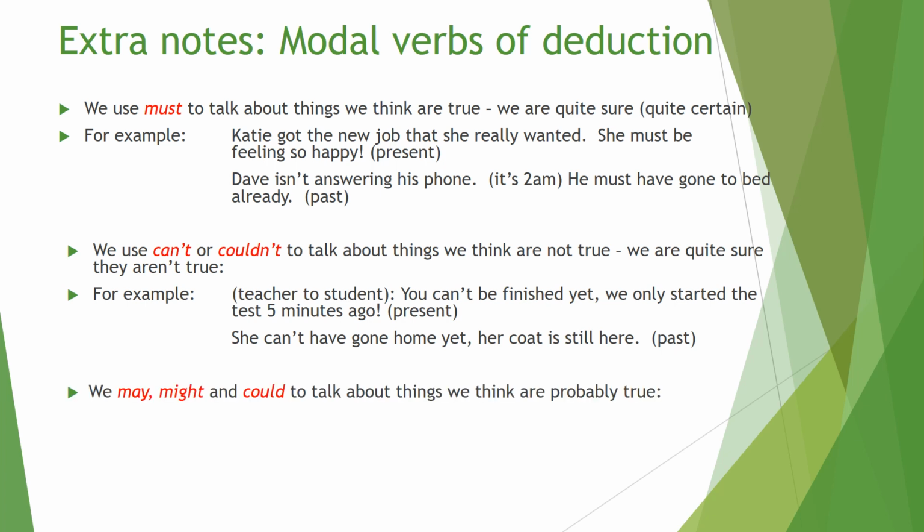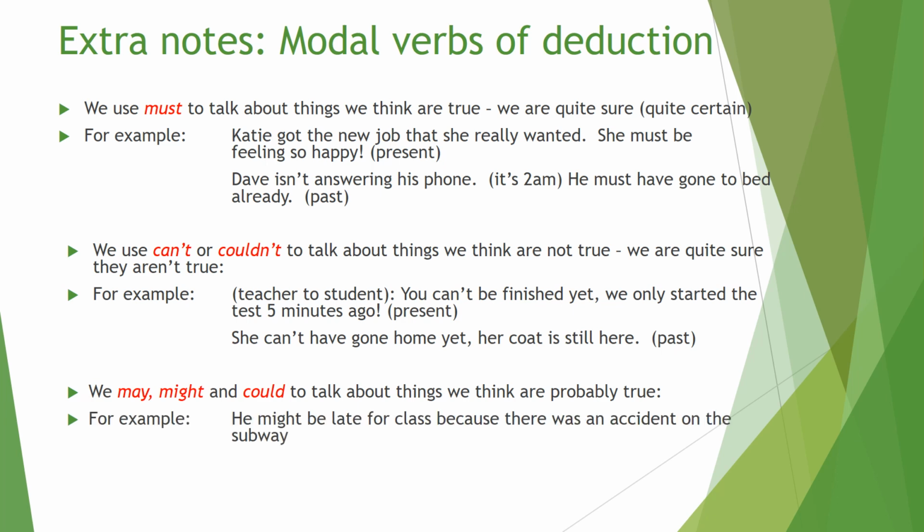And then we use may, might, or could to talk about things we think are probably true. For example, he might be late for class because there was an accident on the subway. That's in the present tense. And in the past tense, she might have been in a rush this morning. All of the windows are still open. So you can imagine somebody's house. You get to her house and all of her windows are open. So you think, well, why are the windows open?